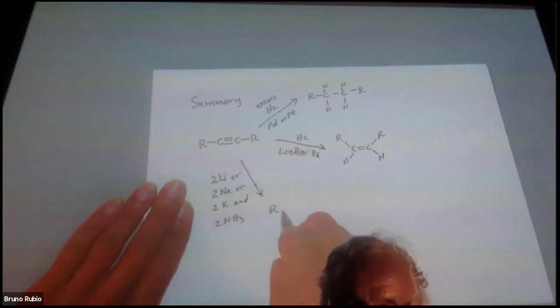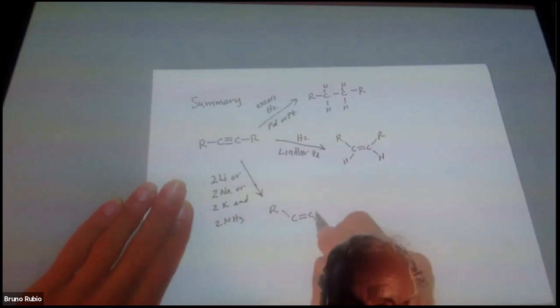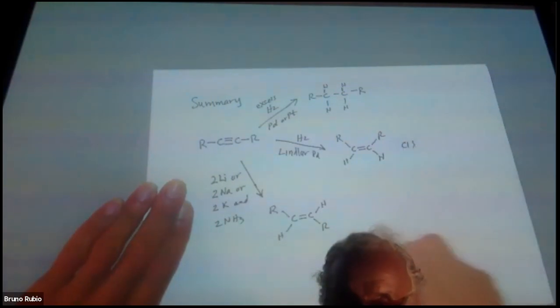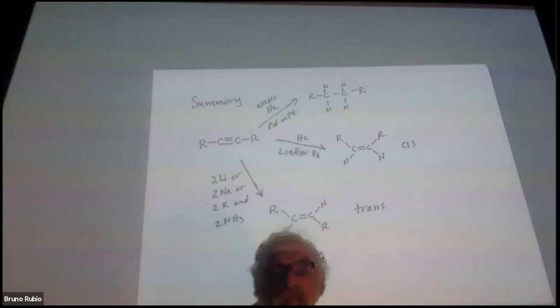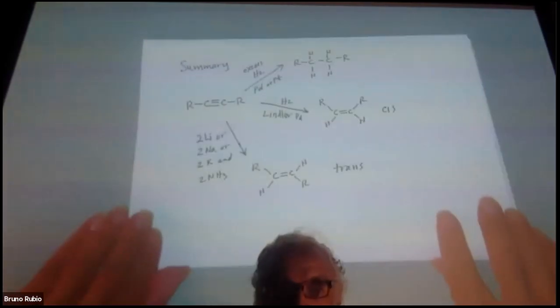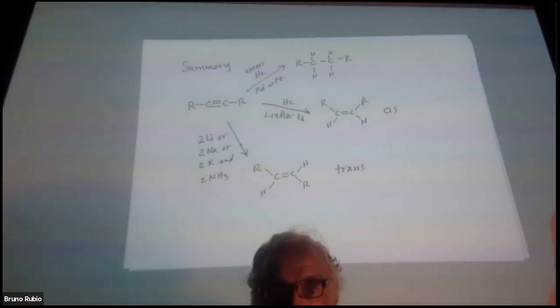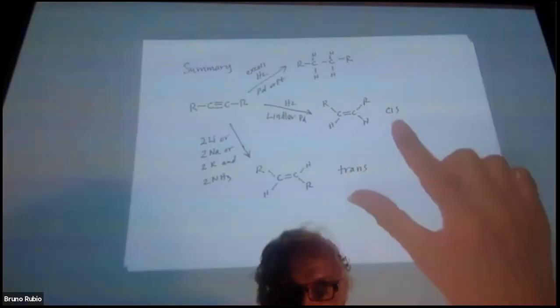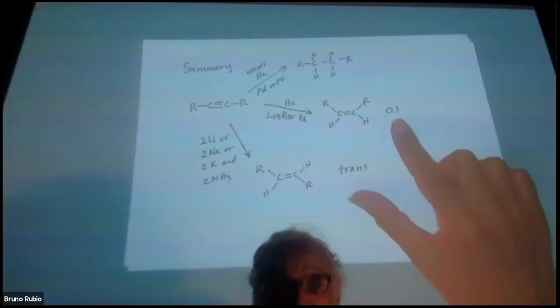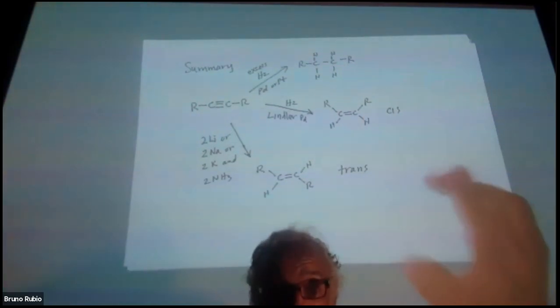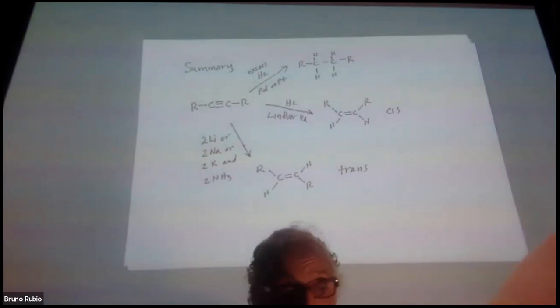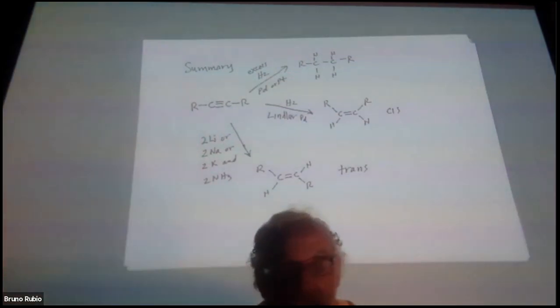And we just went through the mechanism of how this is a way of getting a trans alkene. So this is going to be cis and this is going to be trans. And so these two ways are ways of making an alkene. And so if we wanted to, these could fit in to the reactions of the alkene that we have been studying.